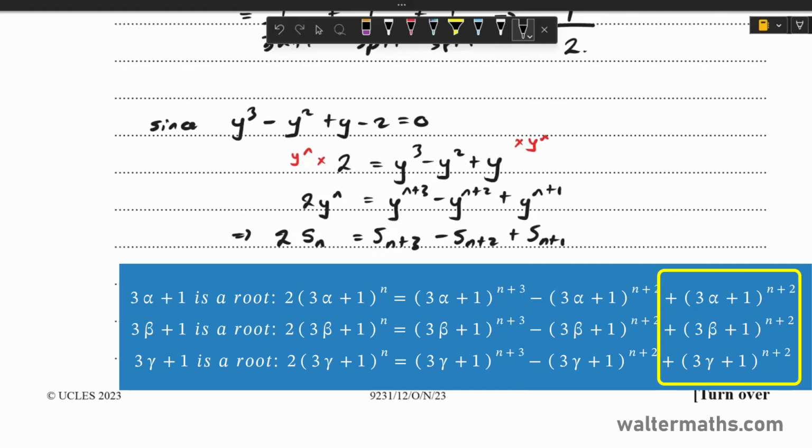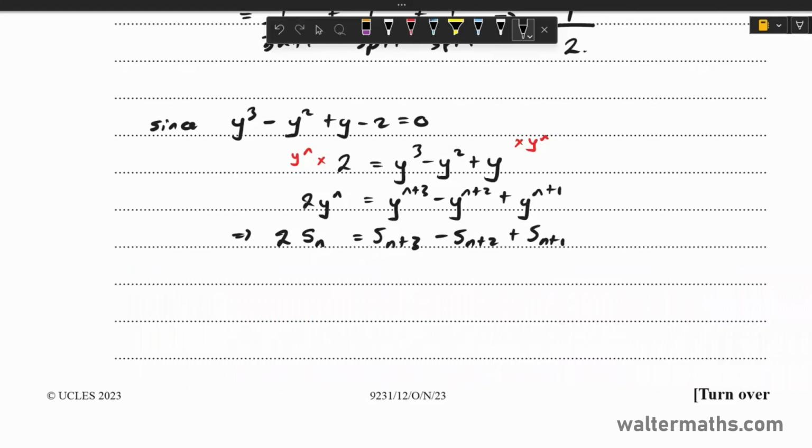So this is a good recurrence relation which we can make use of, such that when we want to find 2 times sum to minus 2, that is when n is minus 2, we will be having minus 2 plus 3, which is sum to 1, and minus 2 plus 2, which is sum to 0, and here minus 2 plus 1 is minus 1, so it's plus sum to minus 1.